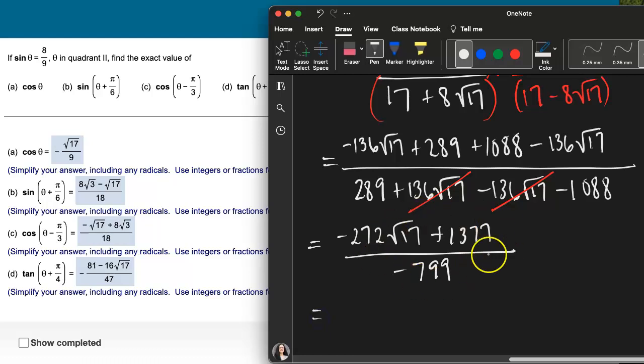I was a little suspicious of all these large numbers here, so I just went through to find, do they have a common factor? And they do. It's 17. So I could divide each of these by 17.